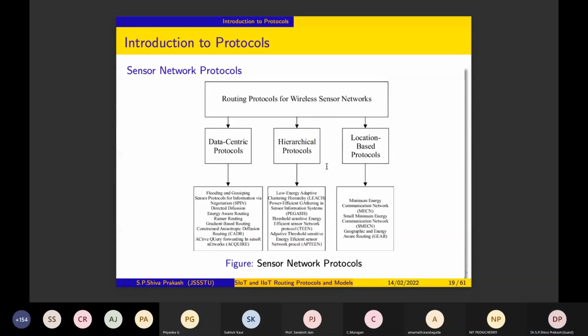Now, with respect to protocols, of course, further they can be categorized as data-centric, hierarchical, and location-based protocols.